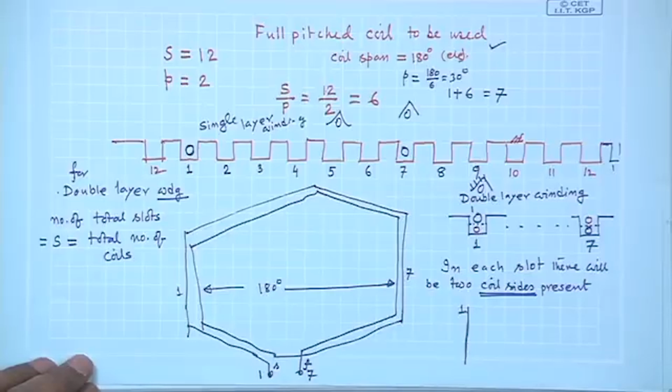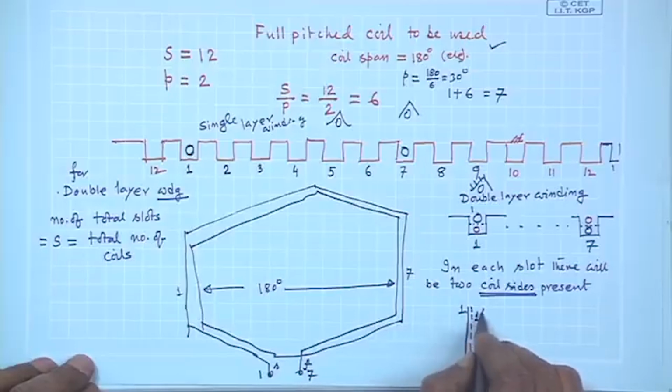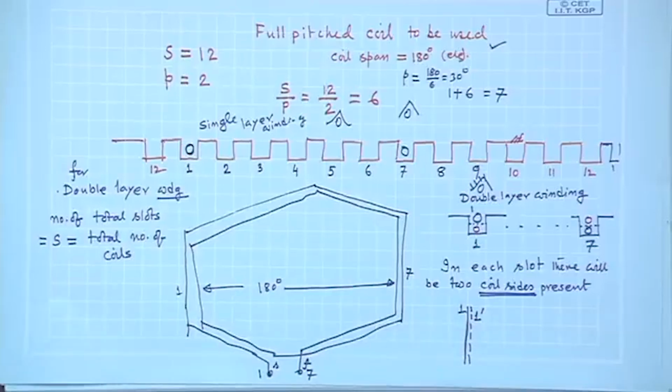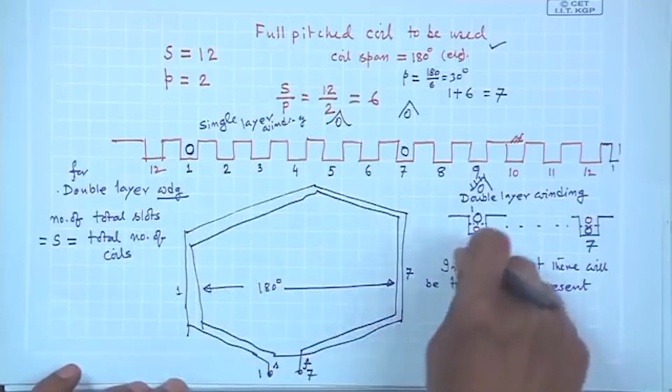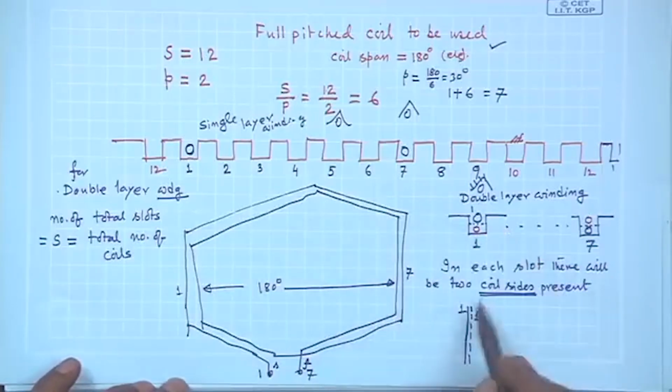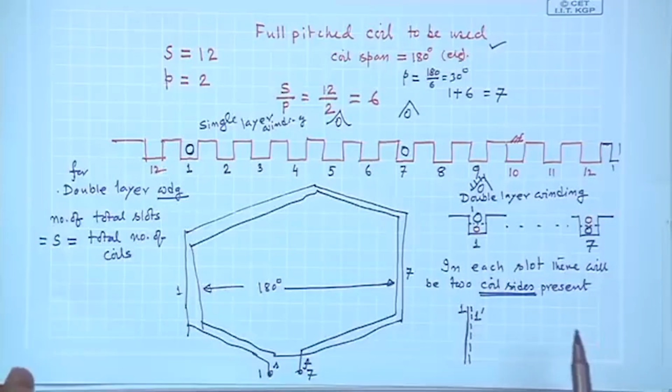So, what people do is this second conductor, they show it by a dotted line just beside it, close by, and name this as 1 dashed. Understood? That is, whichever coil side will occupy the lower deck, they will be numbered same as the slot number, but with a dash, 1 dash or 1 prime.